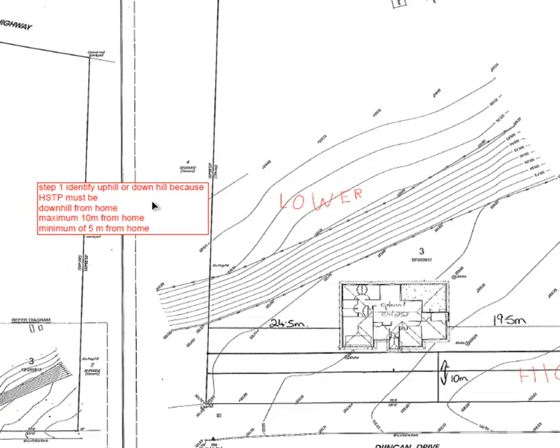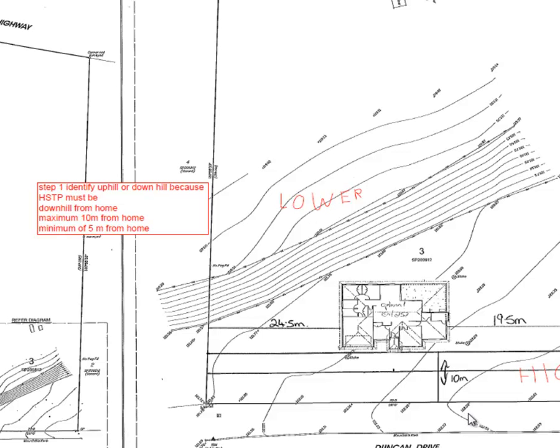Step one is to identify the uphill and downhill side of the house. If you look at the numbers on here, you'll see that they are changing as the contours go down. So basically, you do need to understand how contour plans work.